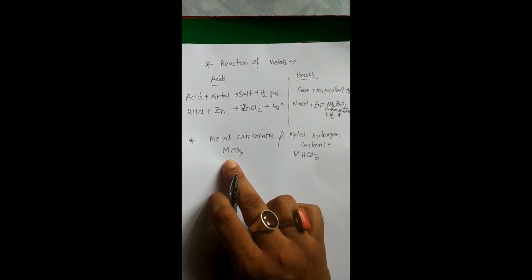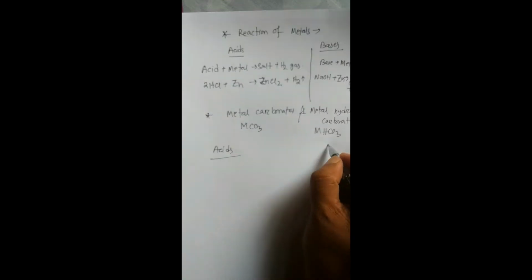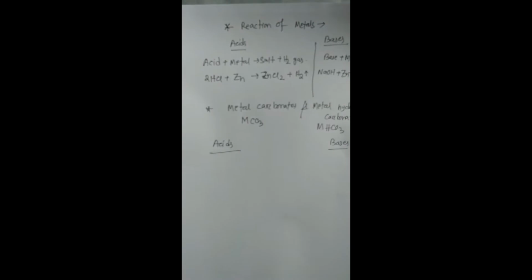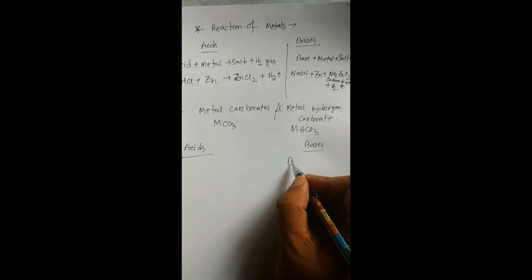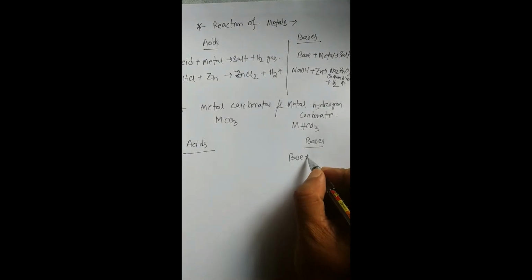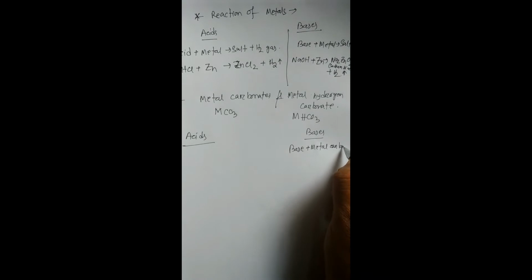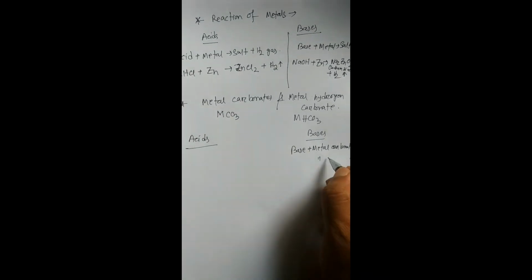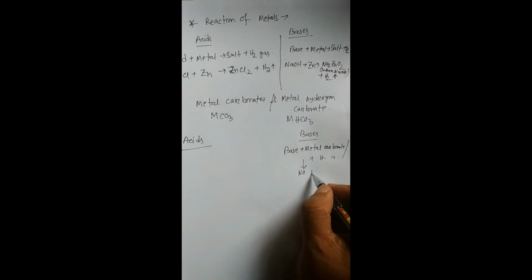So in case of acids and in case of bases, what will we get? A base does not react with any metal carbonate or any metal hydrogen carbonate. That means no reaction will take place here.